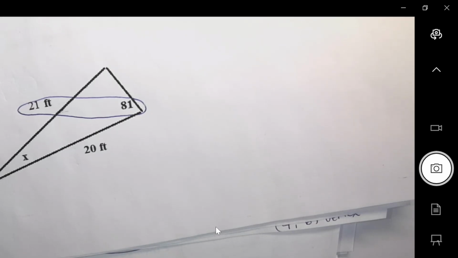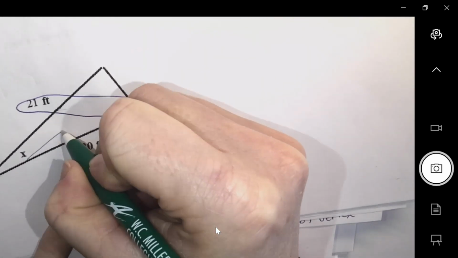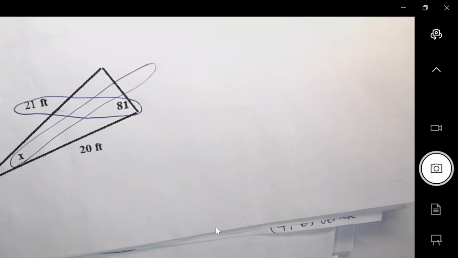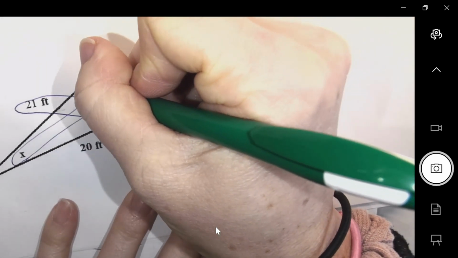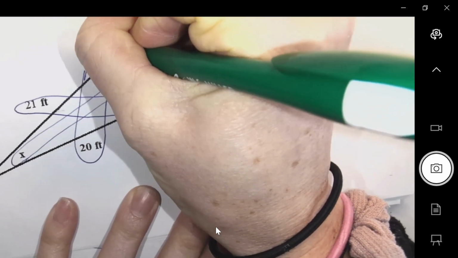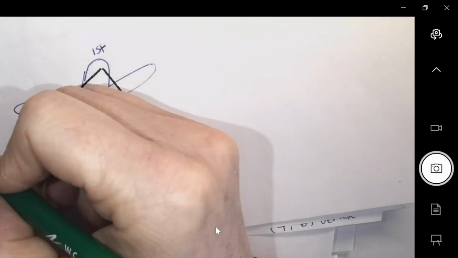Okay, now there's a problem because I can't find X because it doesn't have its pair, right? So does it make sense that I will find that angle first? And then what do you think I can do after I would know that angle? Then you can subtract it from 180.